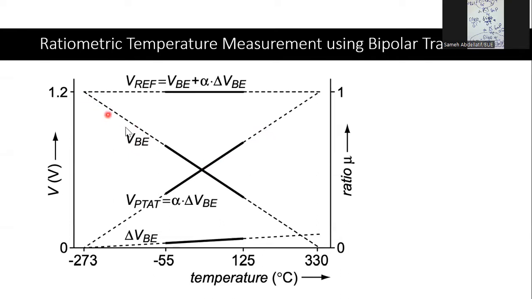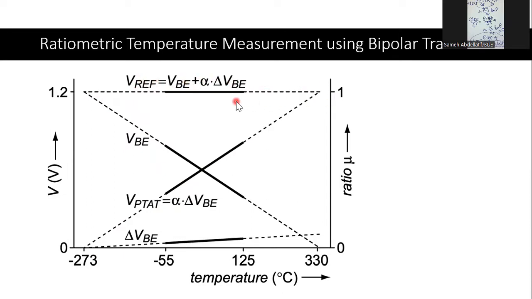So this is the slope of decrease of the VPE, and this is the slope of increase of delta VPE times alpha. As you can see, this is just delta VPE without alpha, and after amplification, this slope increases. Now, as the V reference is the addition of these two components, the equivalent V reference is constant.